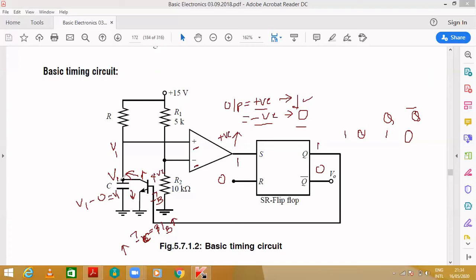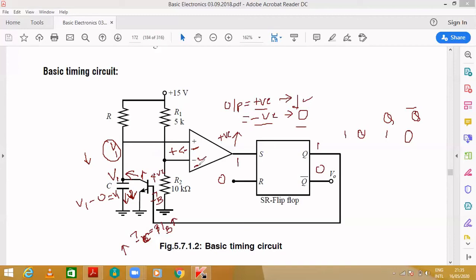When the capacitor discharges, everything goes to ground, and at that time V1 will be decreasing. When this point is decreasing, what about your non-inverting terminal? It is connected over here, so the non-inverting terminal will be less than the inverting terminal, and the inverting terminal will be dominating.